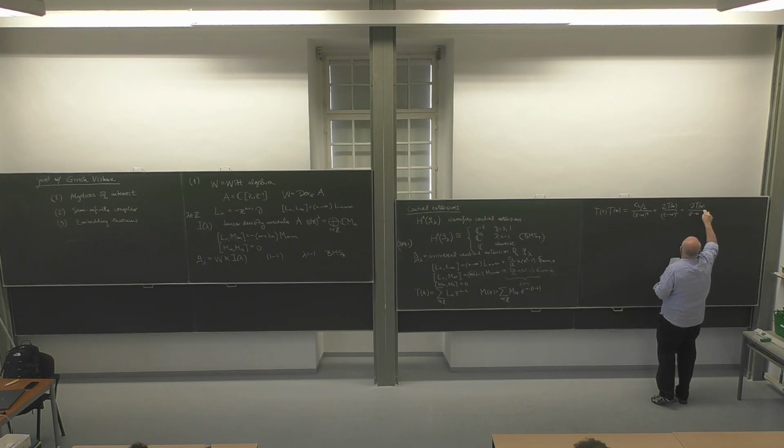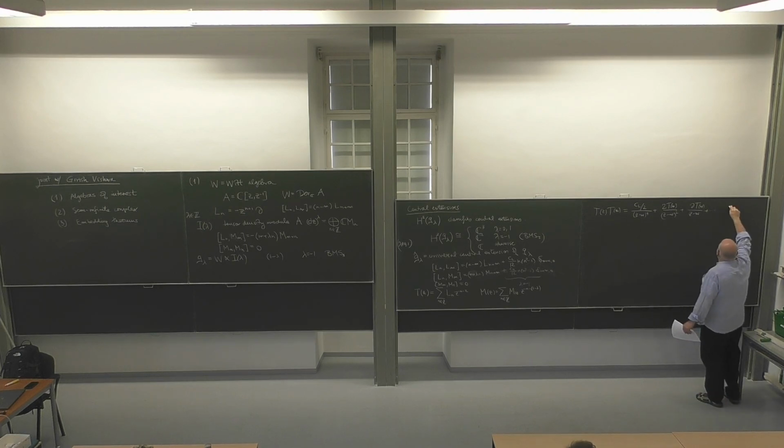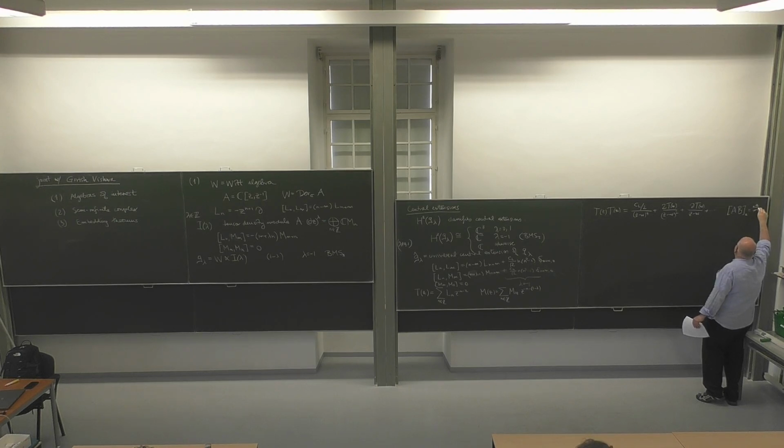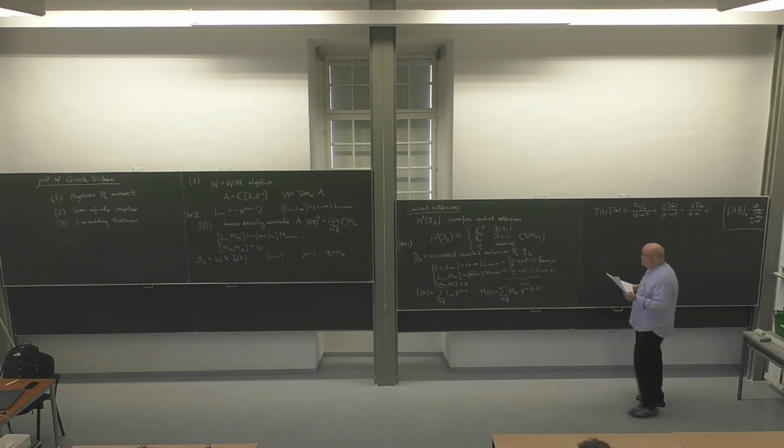And sometimes, by the way, I may introduce a notation, typically in VOA technology, that if you have two fields, then the bracket sub n is the nth order pole in the OPE of A and B. So I may introduce this a couple of times.